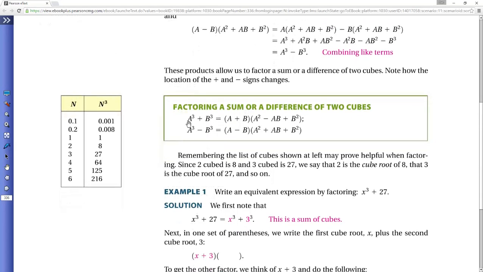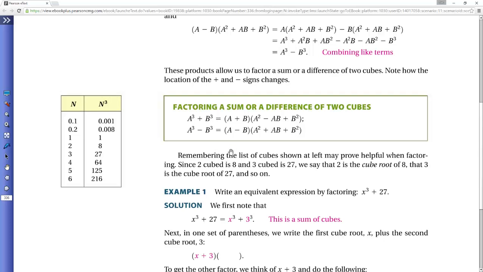So if I find something cubed plus something cubed, I can write that as whatever that is cubed plus whatever that is cubed for the second term, and then I take the first term squared, minus these two multiplied together, plus the last term squared, which is a mouthful. So let's look at some examples.